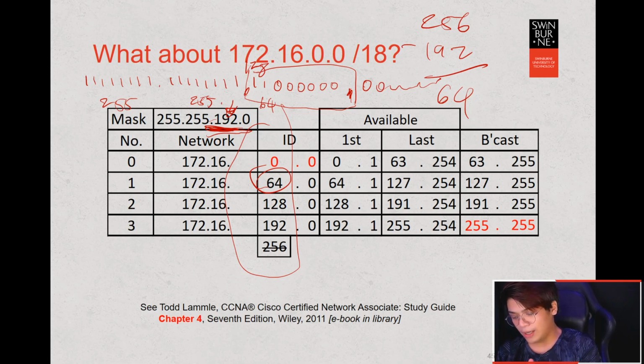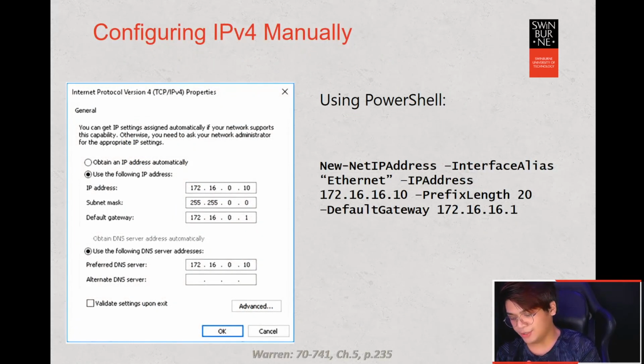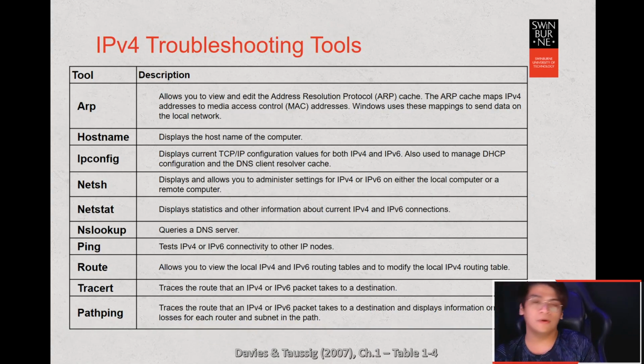And this is how you configure an IP address manually, which was already shown in your lab. You can check your lab. Hopefully you all can do your lab for now. And this is the stuff that you can use to troubleshoot your IP addresses. You can check one by one to make sure that your configuration is correct and ready to go.